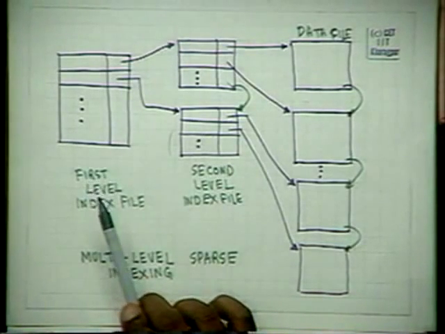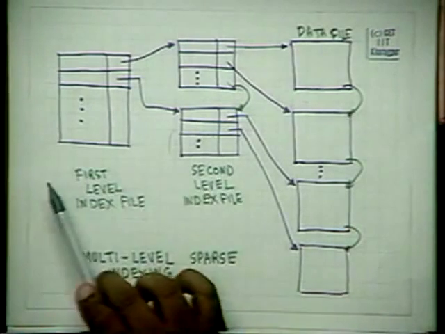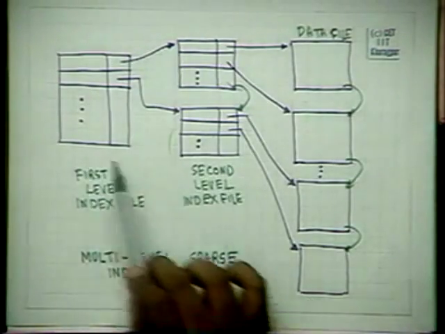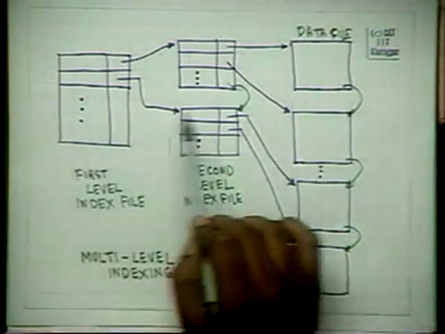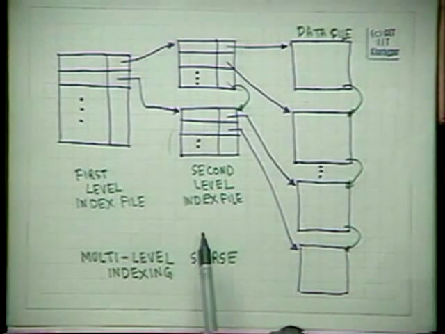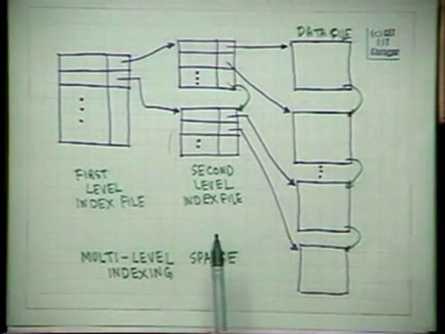B plus trees are structures which maintain a dynamic number of levels, and the distribution is such that they are always equally distributed. That we will come to later on. But in many cases you have got a single level or 2 level fixed indexing schemes also.